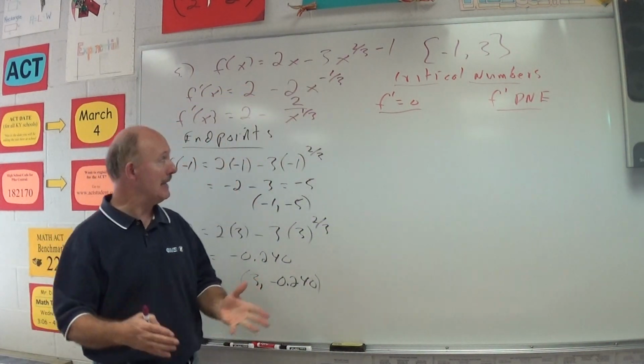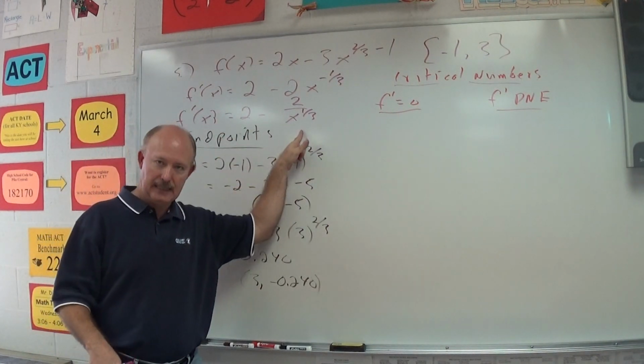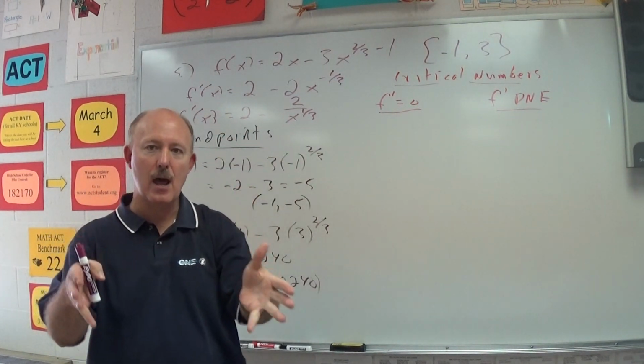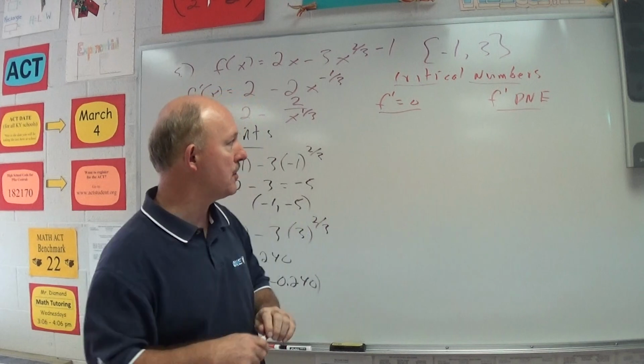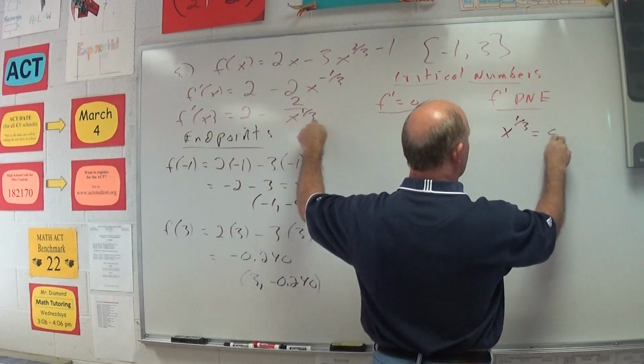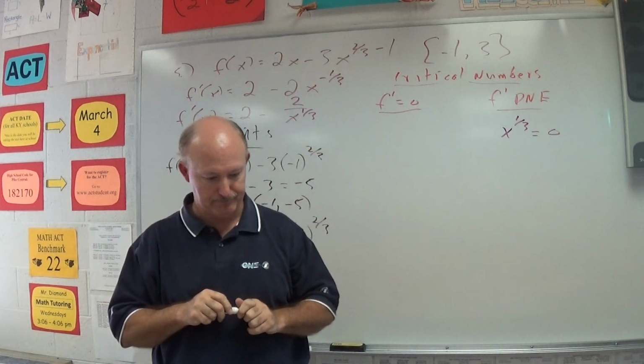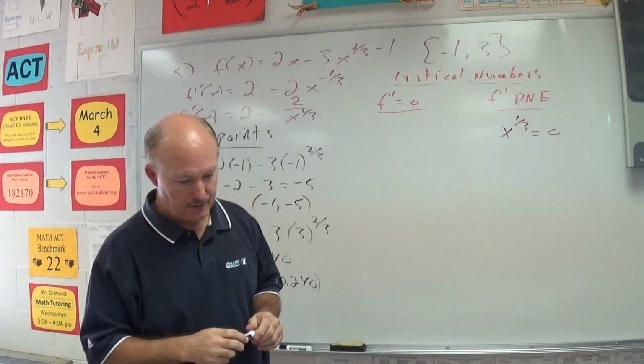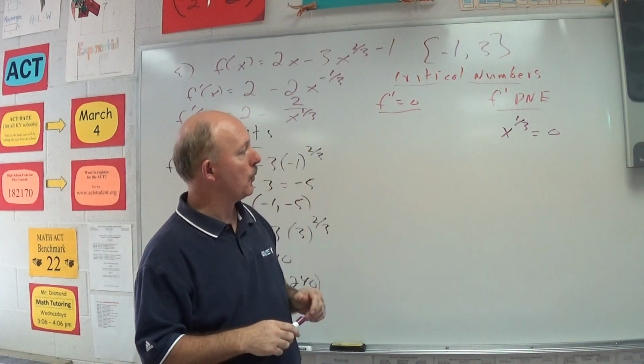You recognize immediately the derivative has a fraction in it. The bottom of a fraction cannot equal 0. So the derivative does not exist where x to the 1/3 is equal to 0.